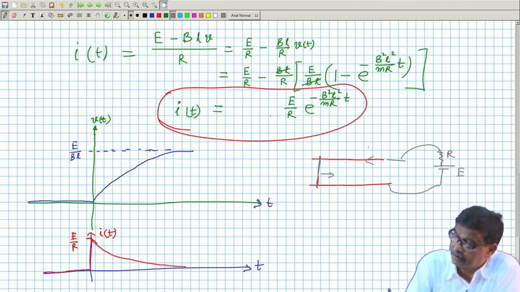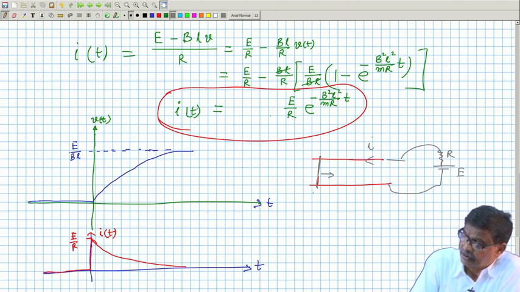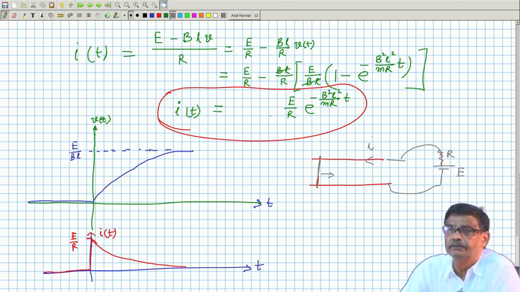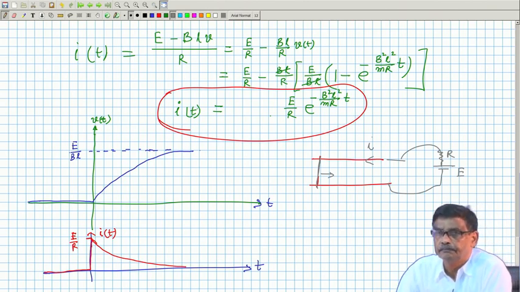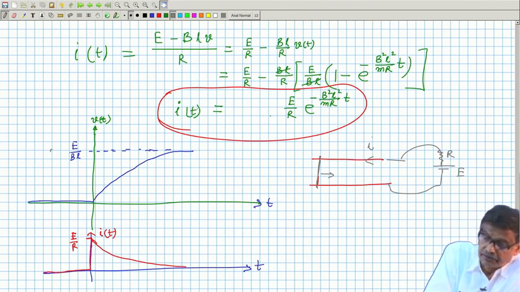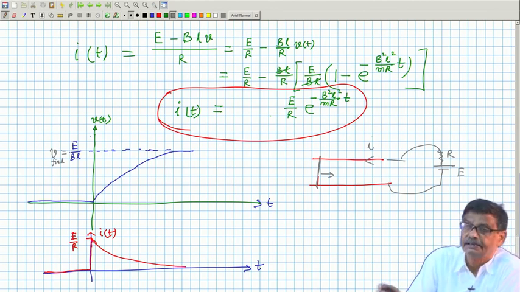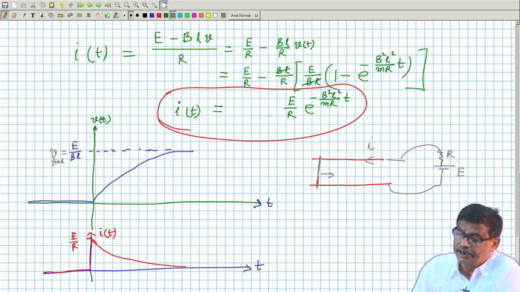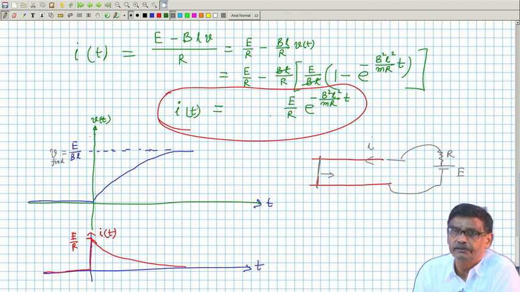Then current was like this. So, you start from rest, but eventually you attain a final velocity, that is this conductor will store some energy which is equal to half m v final square. But anyway, the motor does not do any mechanical work.